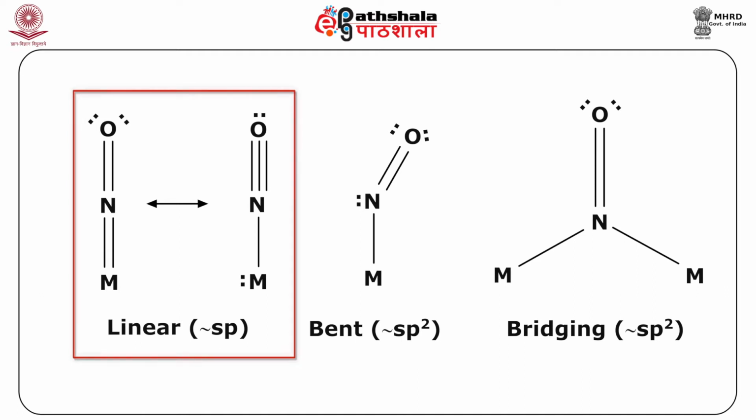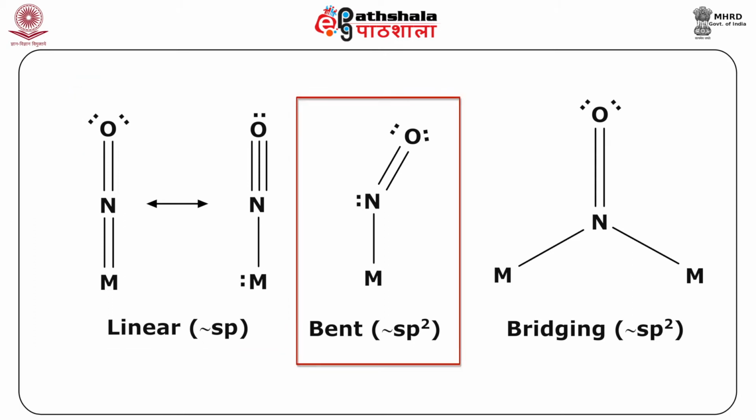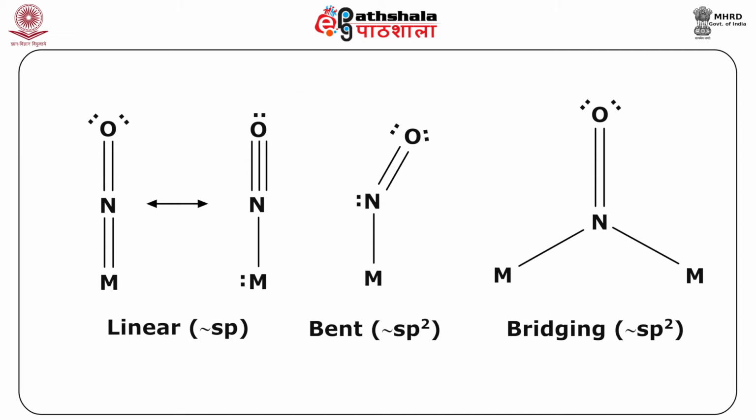The first is linear, where the angle between metal, nitrogen and oxygen is near to 180 degrees. The second geometry is bent, where the angle is less than 180 degrees, and the hybridization of nitrogen is sp2. Nitrogen also contains one electron pair.